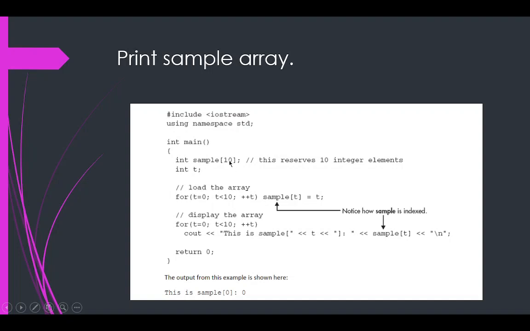If this is where t is 0, we are going to say sample 0 is 0. I think you understand.